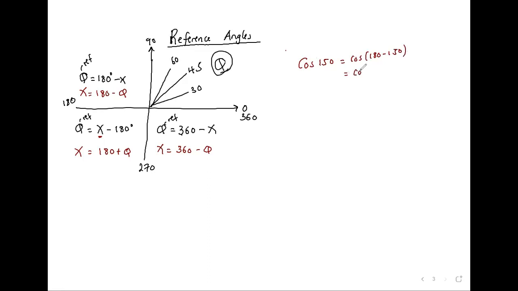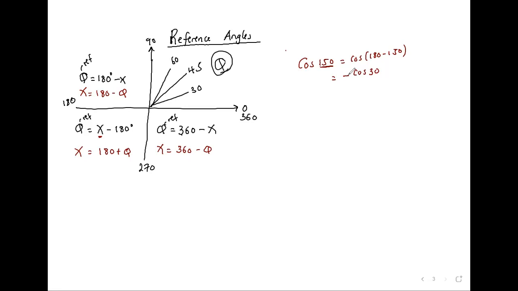So this is going to be cos 30. But hey, 30 is coming from the first quadrant, and 150 is coming from the second quadrant, where cos is negative. So here you must put negative cos 30, because 30 itself cannot give us a negative, as it's coming from the first quadrant.